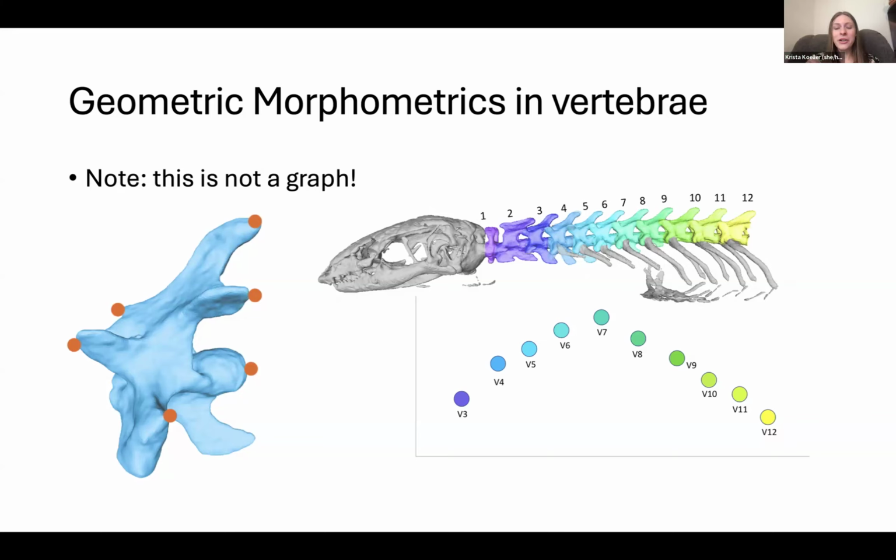It's just about similarity. So basically, each vertebra is represented by one dot on this plot. I did a geometric morphometric analysis counting each vertebra in an individual as a specimen.